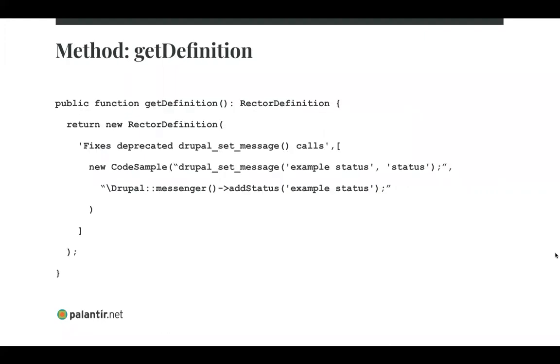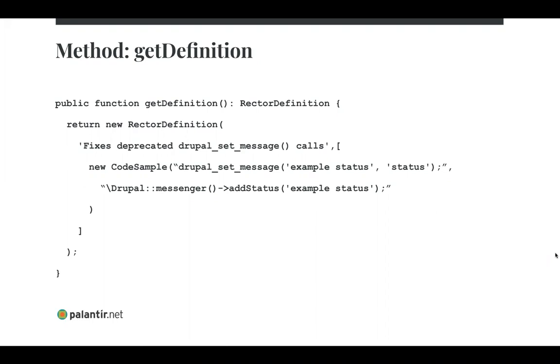All right, so we're getting into the class, the actual thing. The getDefinition, I don't know if this is actually required. I think it's required, and I don't know that it's used anywhere, but it's useful for people that are looking at it to understand what you're trying to do at the least. So you have a string that is the description of what I'm trying to do.